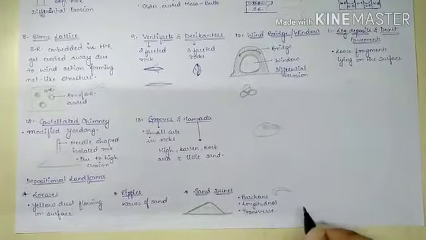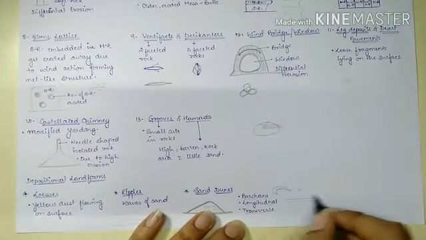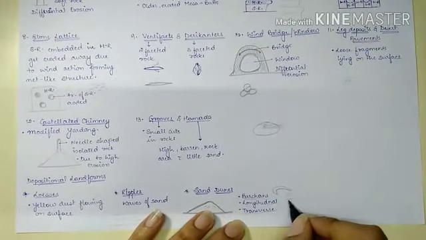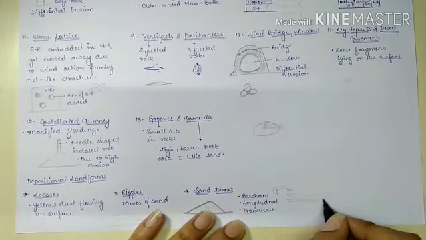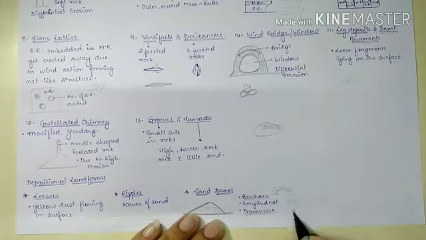The longitudinal sand dunes run parallel to the wind direction, and the transverse ones are perpendicular to the wind direction.